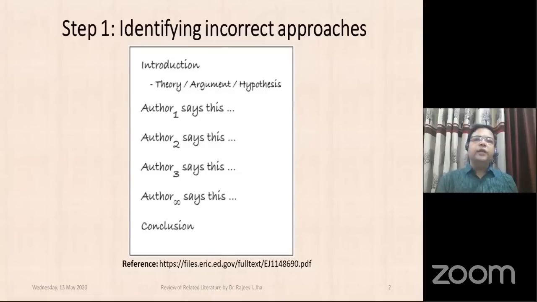Notice that we are not connecting the authors in any way. Students will continue this until they run out of sources. This isn't what you are expected to do. Not only does this structure make it difficult to read, it also makes it very difficult for you to write.